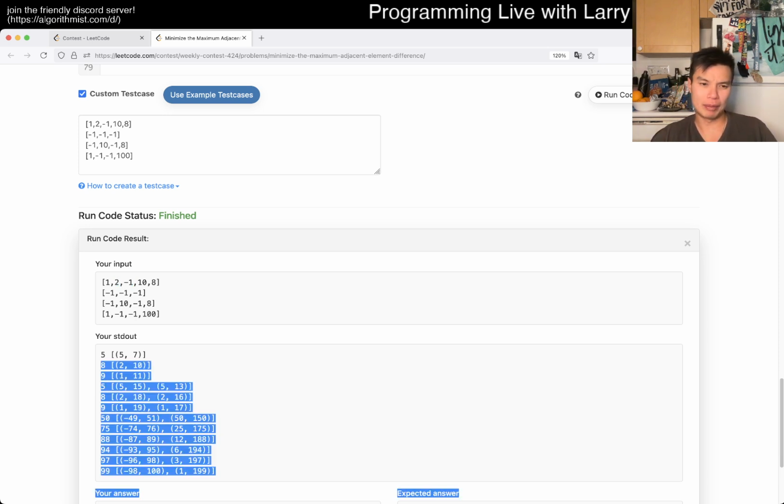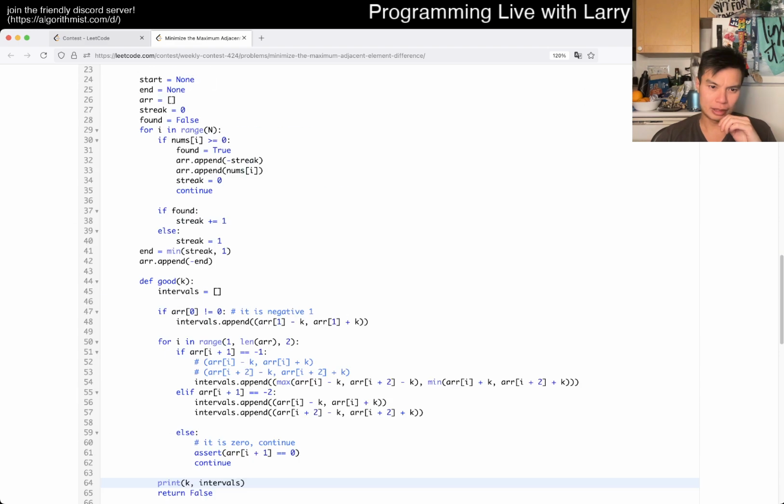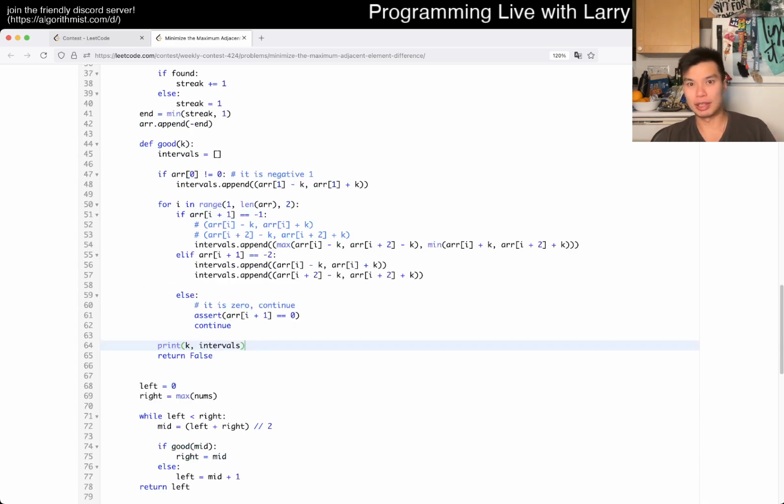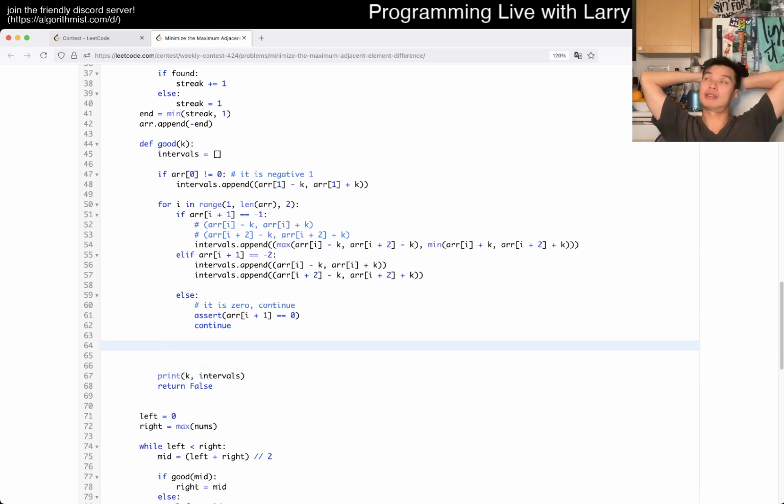Okay, so I feel like I'm happy with this idea. Now we just have to figure out if this is solvable, right? So, okay. Yeah, so then now interval starts sort.